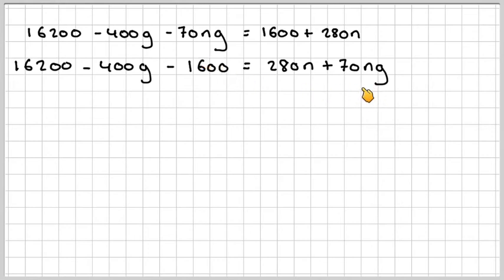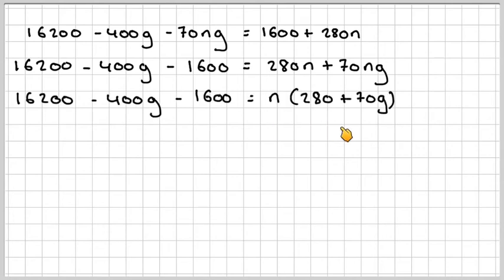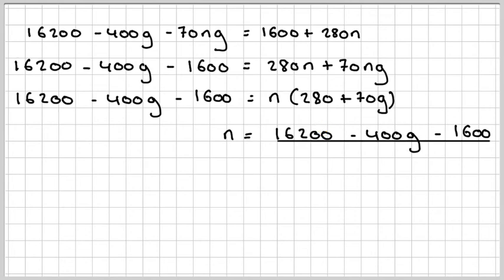There's a common factor of n, which we'll take out. The left-hand side will be the same, and on the right-hand side we have n times (280 plus 70g). We're trying to find n, so n will be equal to 16,200 minus 400g minus 1,600, all divided by 280 plus 70g.